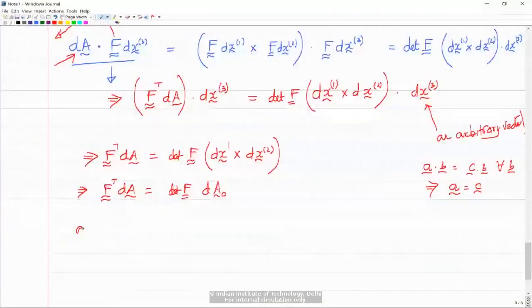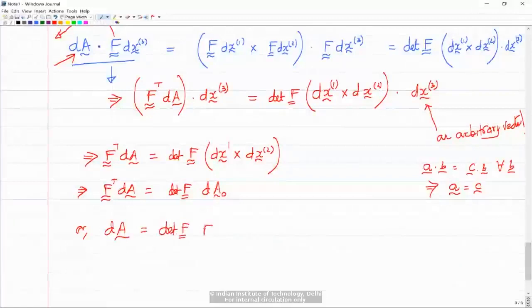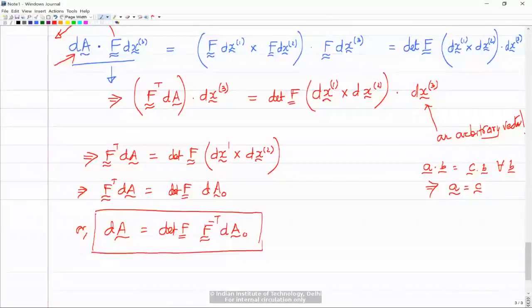Or the deformed area is, then you bring this F transpose on the other side, what you have to do is take the inverse, right? So that's det F, it's a scalar, into F inverse transpose into dA naught. So that's the relationship for the area. This is how area elements transform. And it also has a name, it's called Nanson's formula.